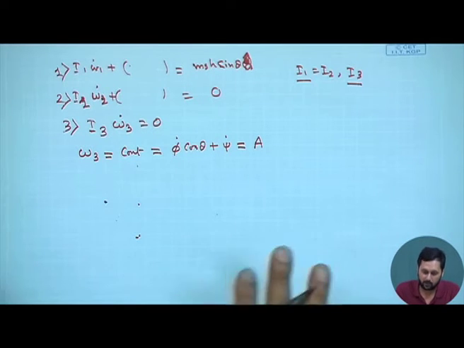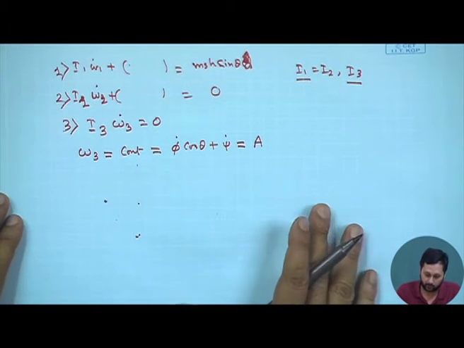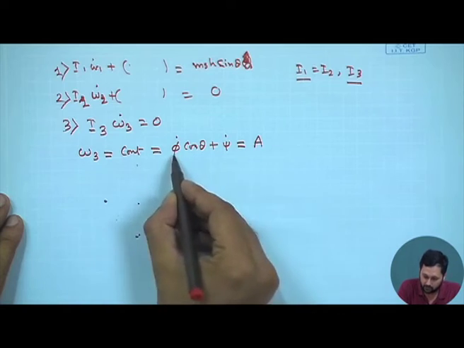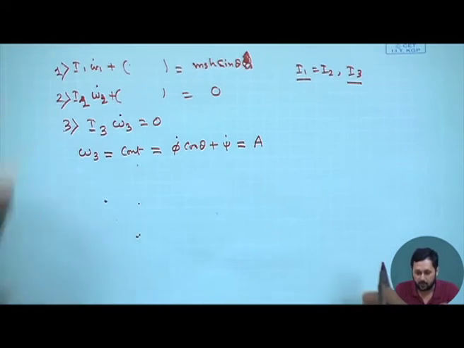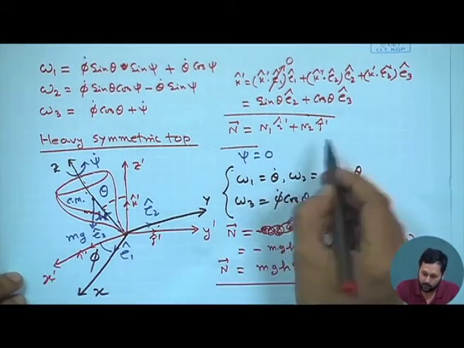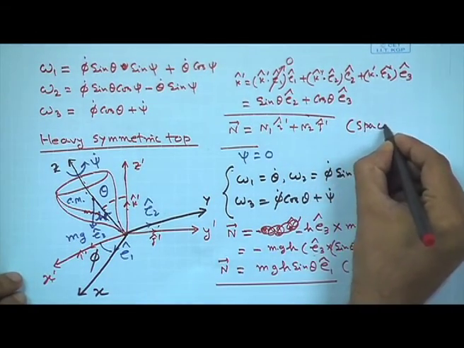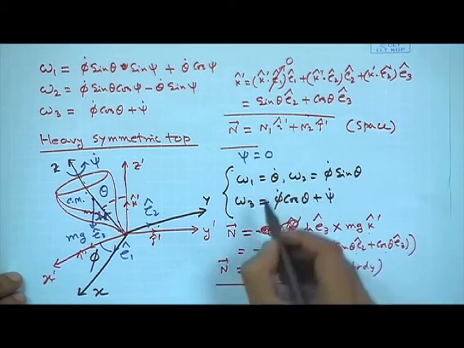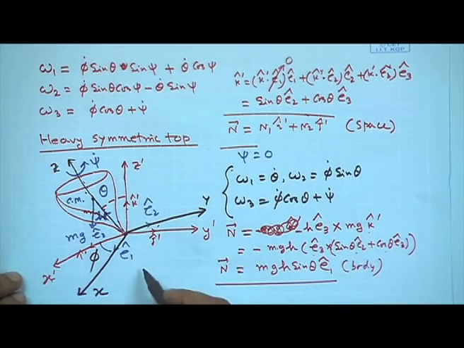But right now let us just look at the conserved quantities we are getting. So, one is this quantity which we call A. Now, look at this once again. When we look from the space set of frame, there is no component of torque along Z.